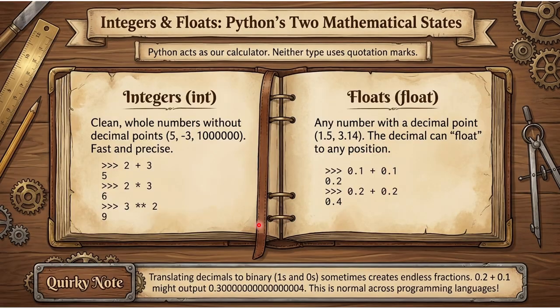So what does this mean? The interviewer can ask you what output you will get if you type 0.2 plus 0.1.